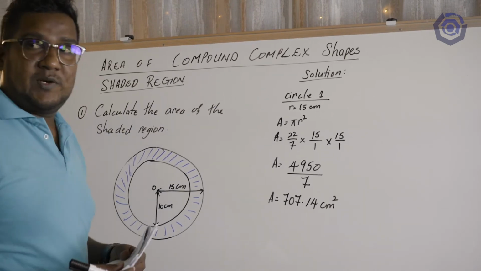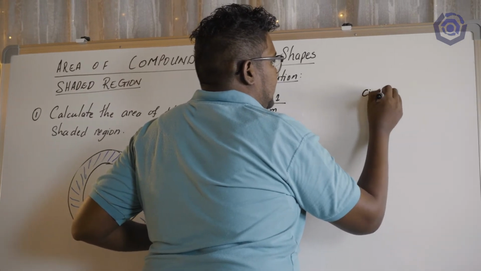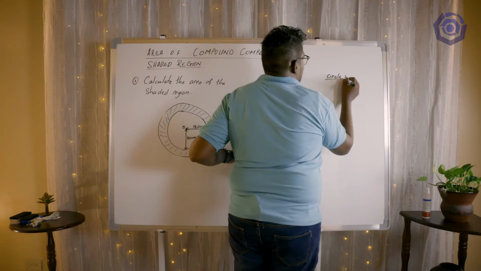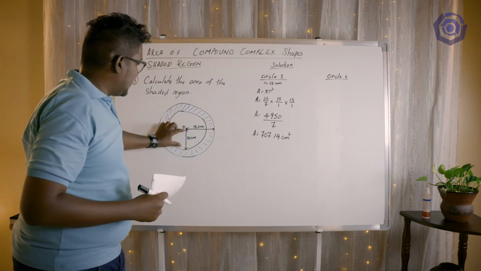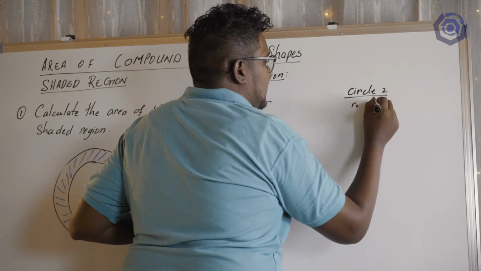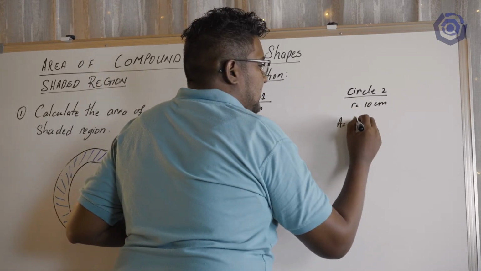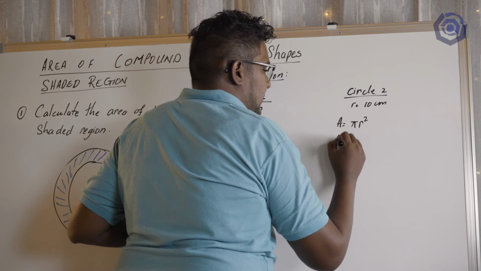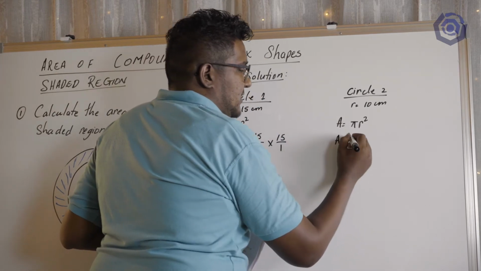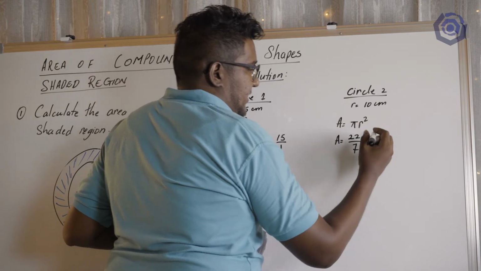Now let's find the area of our little shape. Let's call that circle 2. So circle 2, the little shape, our radius is 10 centimeters. So r is equal to 10 cm. Our formula is A is equal to pi r squared. A is equal to pi, which is 22 over 7, multiplied by the radius 2 times.